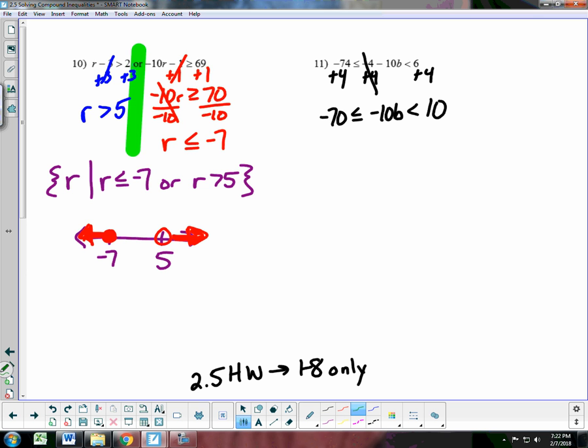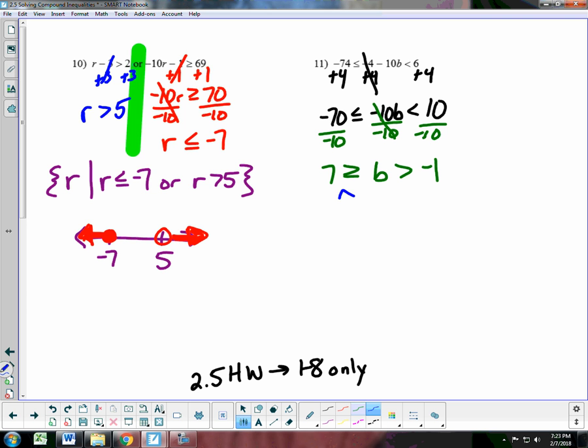Now we have to divide by negative 10 in all 3 spots. We have cancels in the middle. We're going to have to flip the sign. So 7 is greater than or equal to b, which is greater than negative 1.